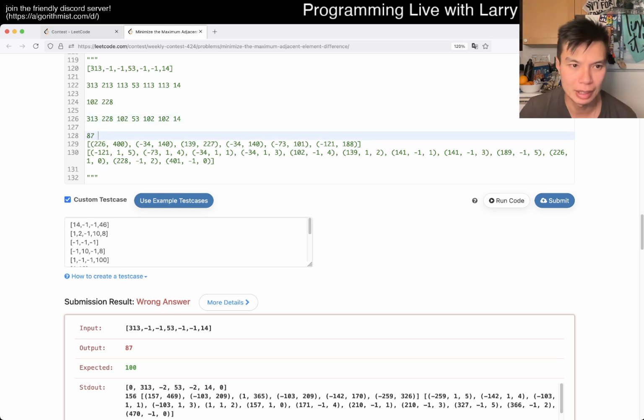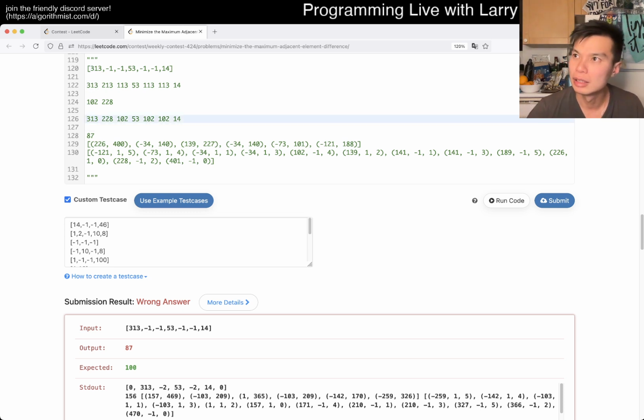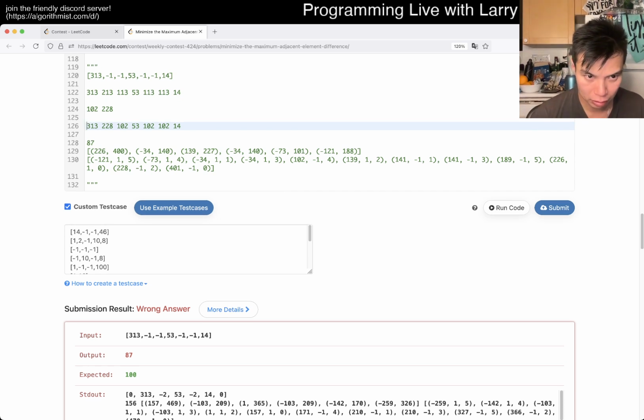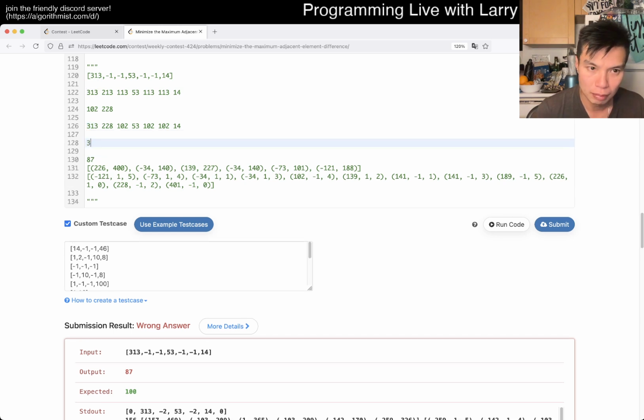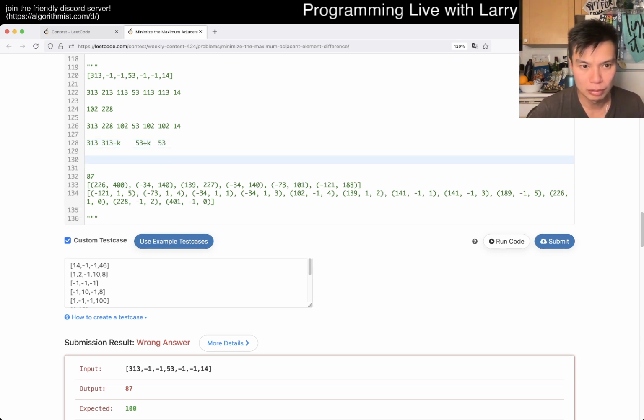Because basically it's saying that, okay, 313, right? That means that my constraints are just wrong, because I'm trying to say that it's 313 minus k, and then it's 53 plus k, so 313 minus k minus 53 plus k has to be less than or equal to k, right?